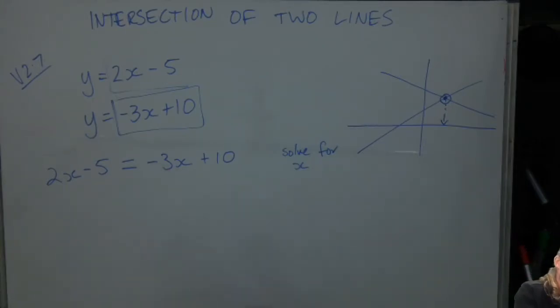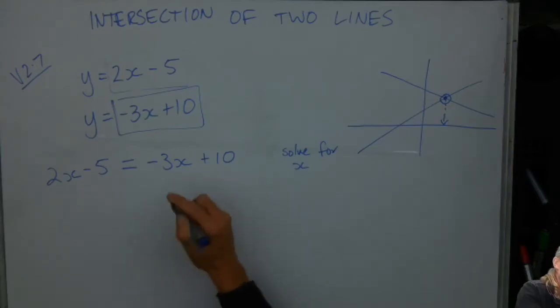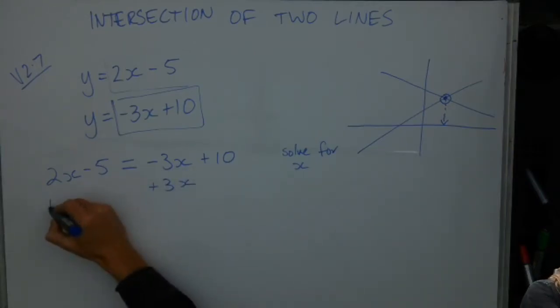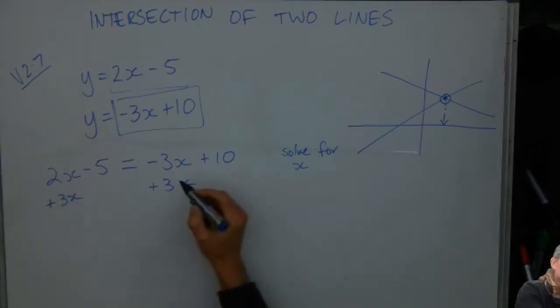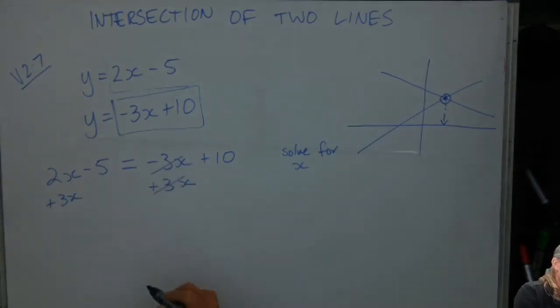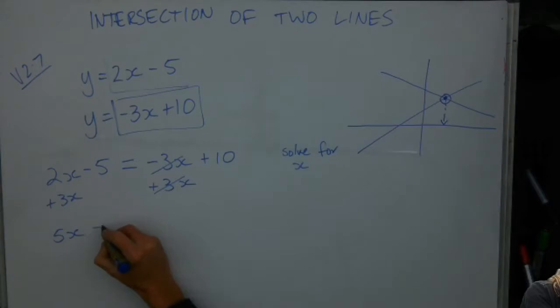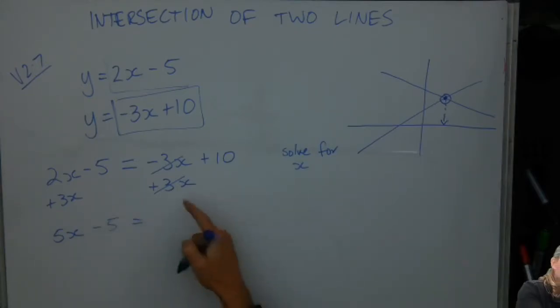Hopefully that makes sense. So because this one's negative, I'm just going to add that to both sides. So over here it cancels out. 2x plus 3x is going to give us 5x. We've still got this take away 5, and that equals, we've got nothing there, so that just equals 10.